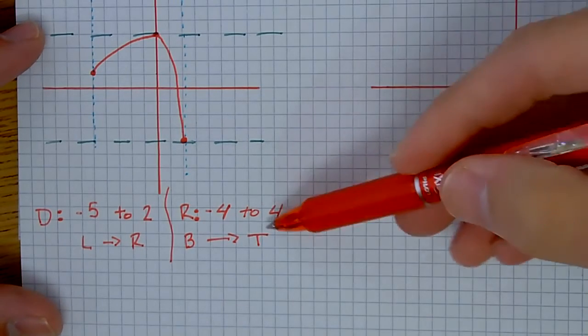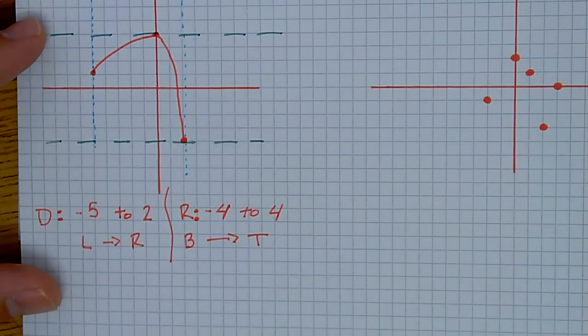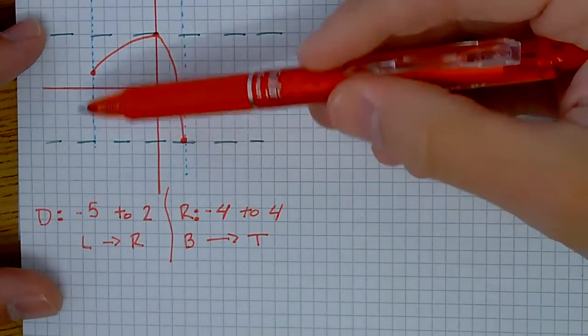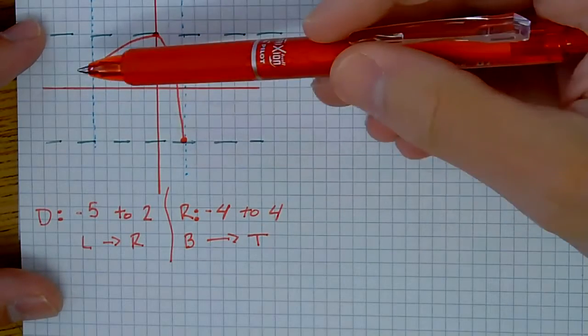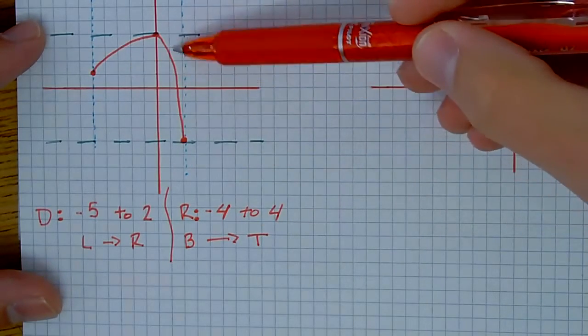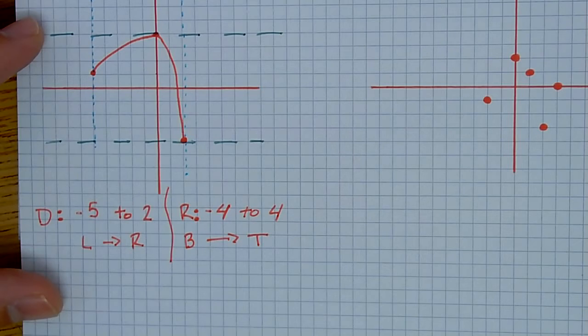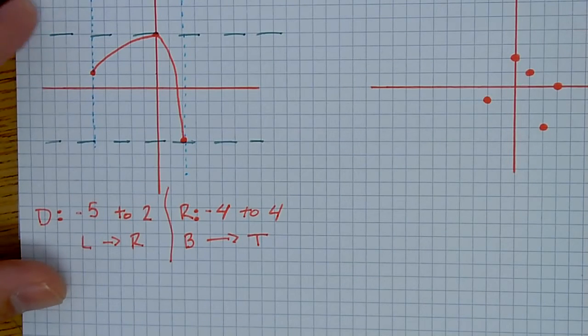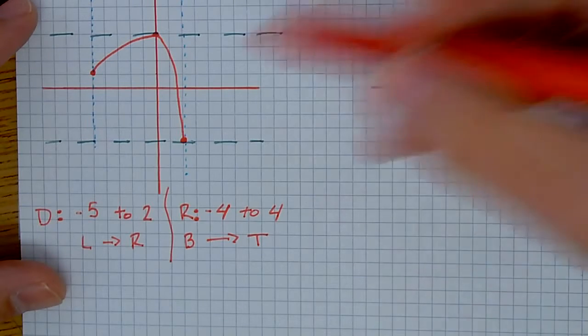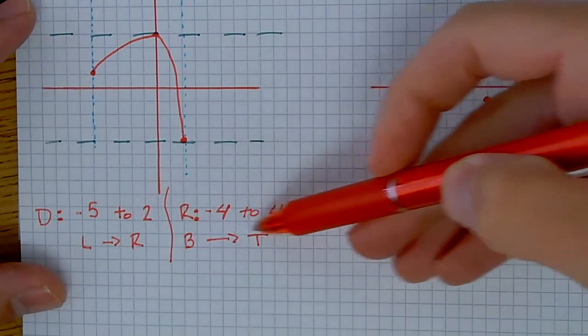And we're including every number in between there, not just whole numbers, since it's a continuous graph. Every point in between counts as an output. Left to right and bottom to top.